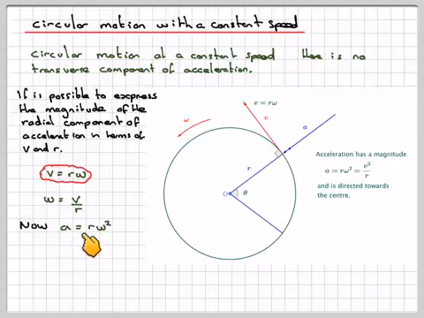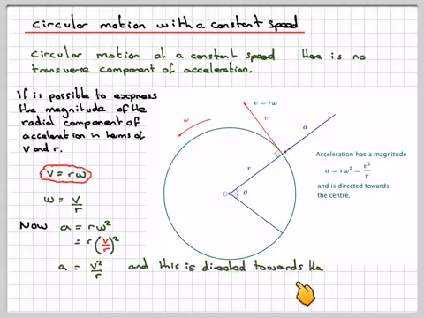Now a is equal to r omega squared, which we just established in the previous part, and if we replace omega with v over r, we're going to have r times v over r all squared. This r will cancel, and you'll be left with v squared over r. And this magnitude will have to be directed towards the centre of the circle.